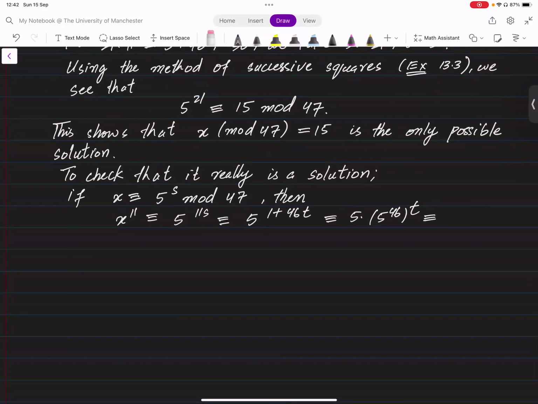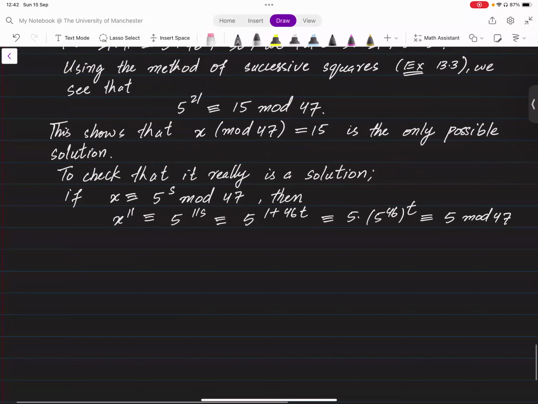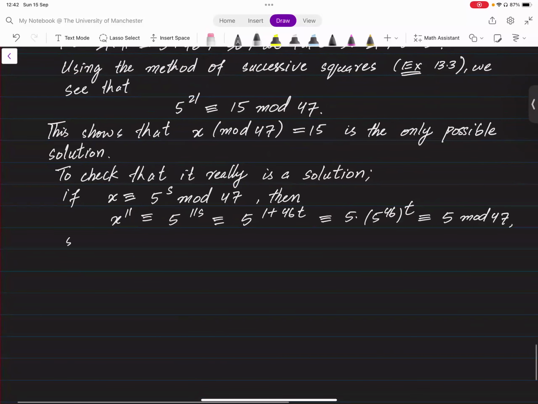So we can write 5 mod 47, because 5 multiplied by 1^t is just 5. So this is indeed a solution.